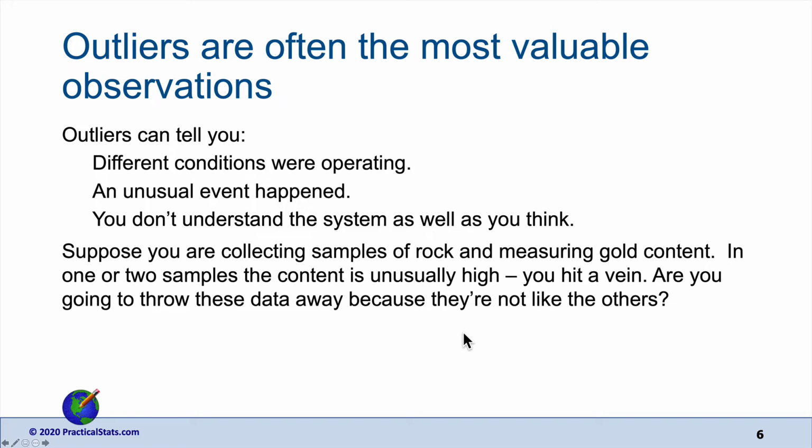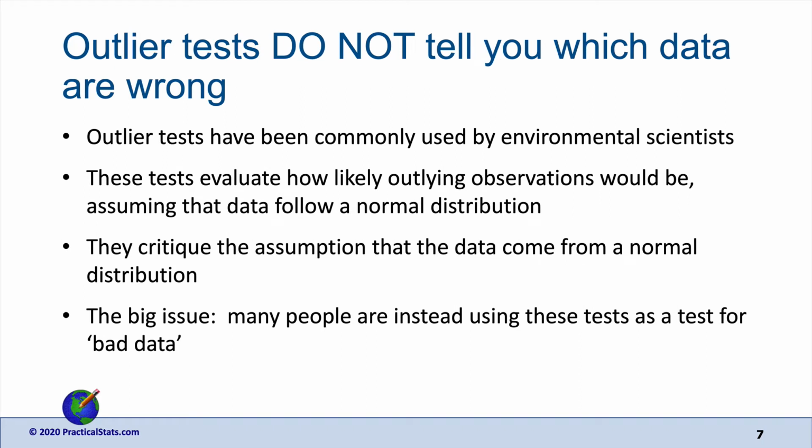A somewhat silly illustration: if you're collecting samples of rock and you're measuring gold content and you find one or two samples where the content is really high, you've hit a vein, are you going to throw those data away because they're not like the others? I don't think so. Outlier tests, let's talk about those a minute. With these outlier tests, an observation is determined to be an outlier if the data don't follow a particular model.